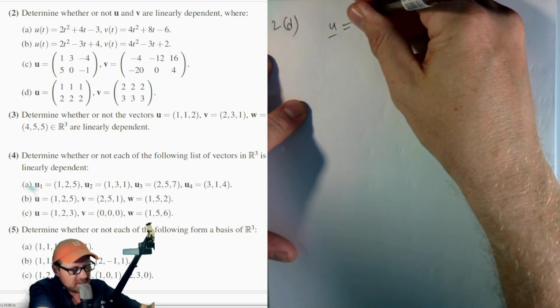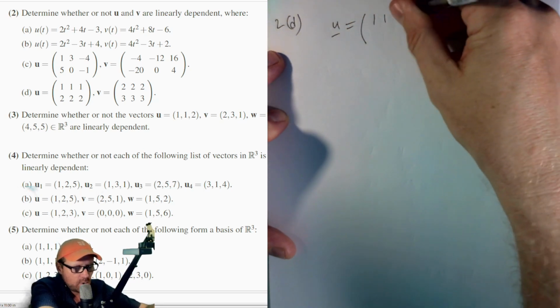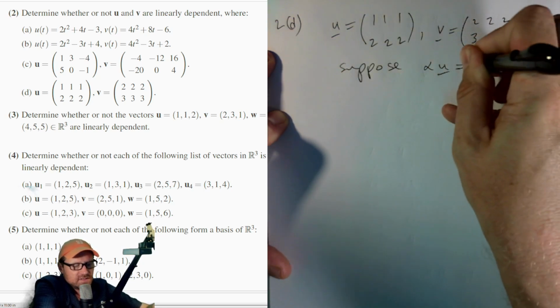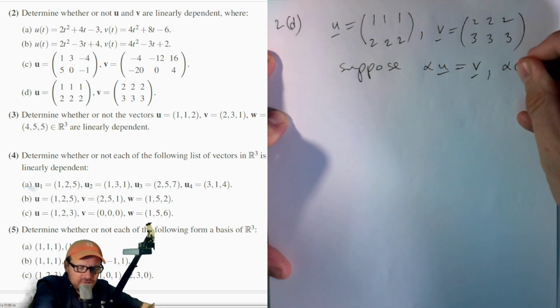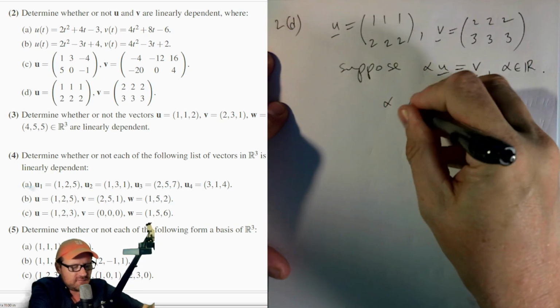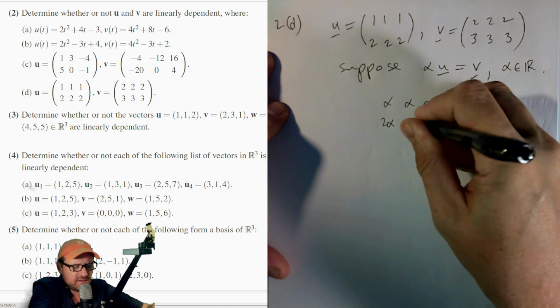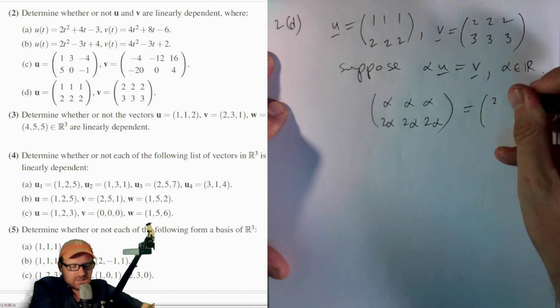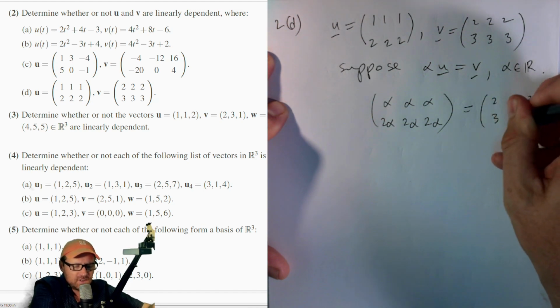Again, we have 2 by 3 matrices, which are our vectors in this case. Suppose alpha u is equal to v, where alpha is a real number. Then alpha, alpha, alpha, 2 alpha, 2 alpha, 2 alpha is equal to v, which is 2, 2, 2, 3, 3, 3.